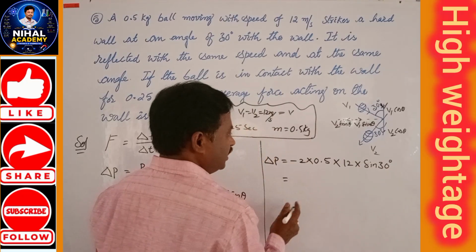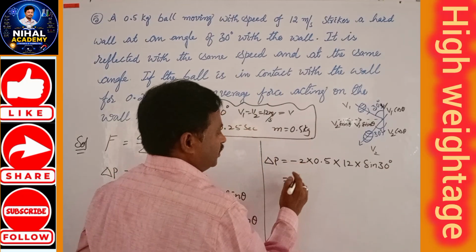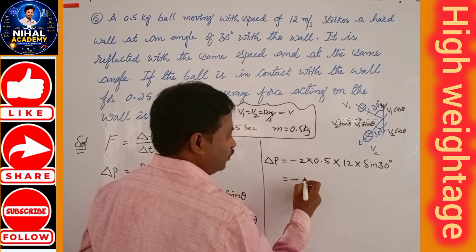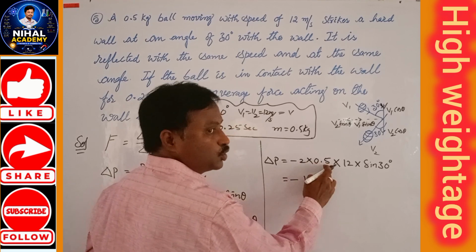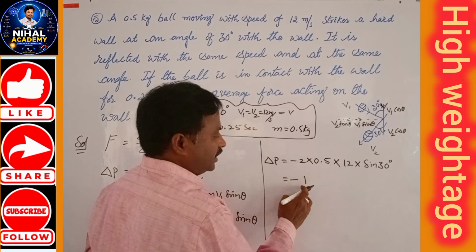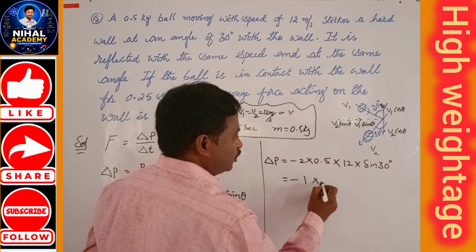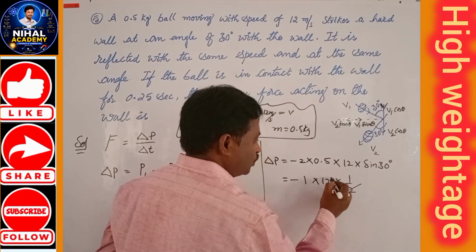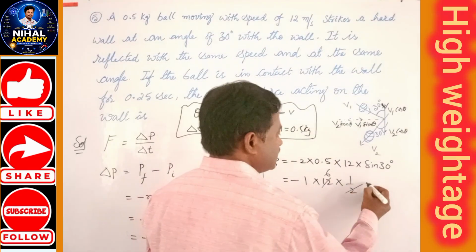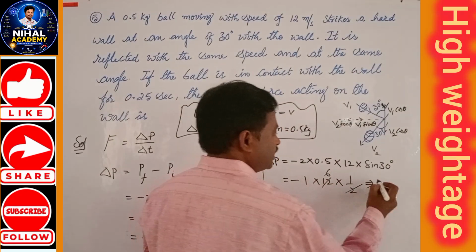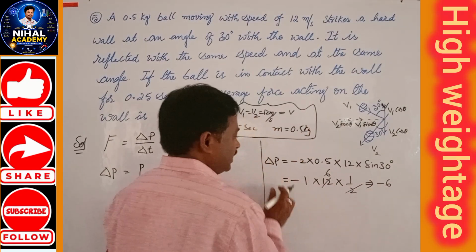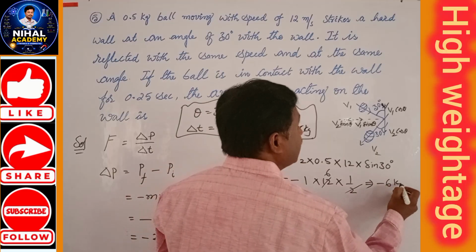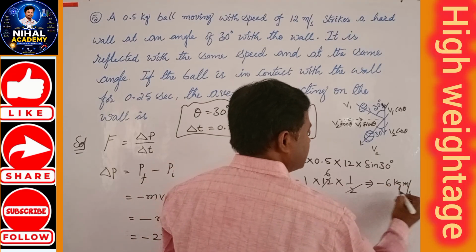So this is equal to minus 2 into 0.5, which is 1, into 12 into sin 30, which is 1 by 2. So 2 sixes are 12, halved is 6. This is equal to minus 1 into 6, minus 6. This is delta P, in kilogram meter per second.